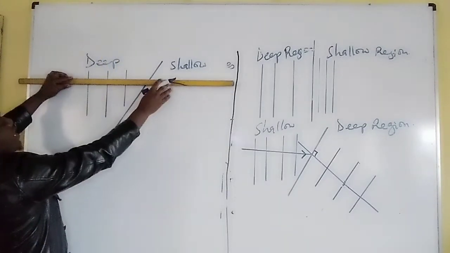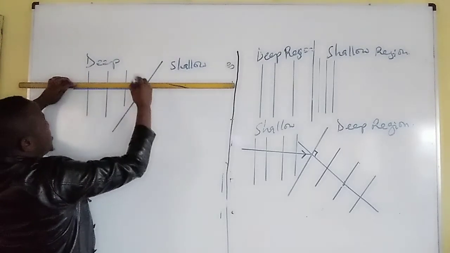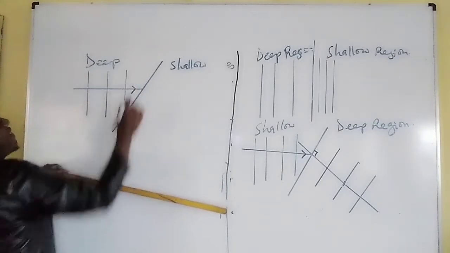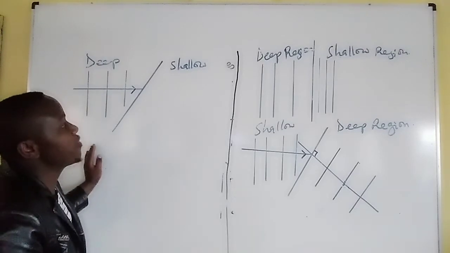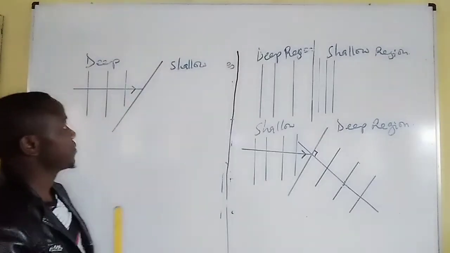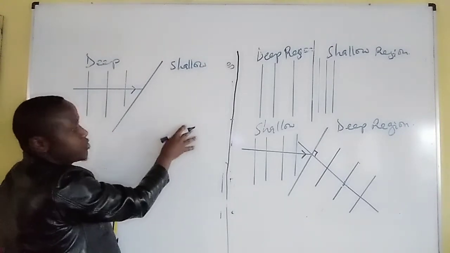The wave train hits the boundary at that angle. We are trying to finish this diagram and show how they get refracted into the other region. This is a shallower region, which means speed will go down and hence the wavelength will become smaller.